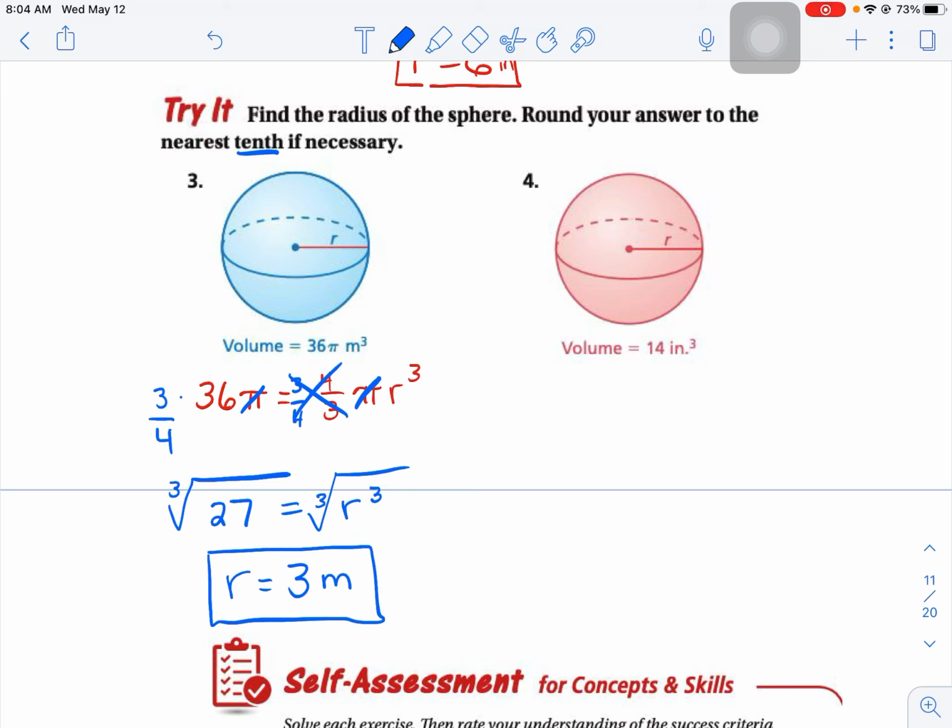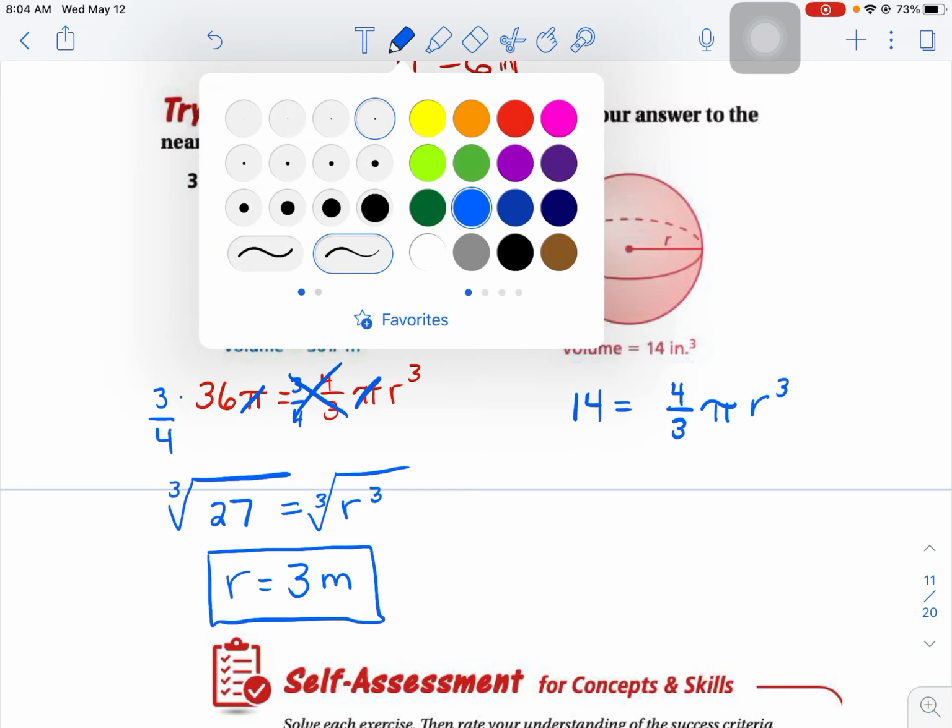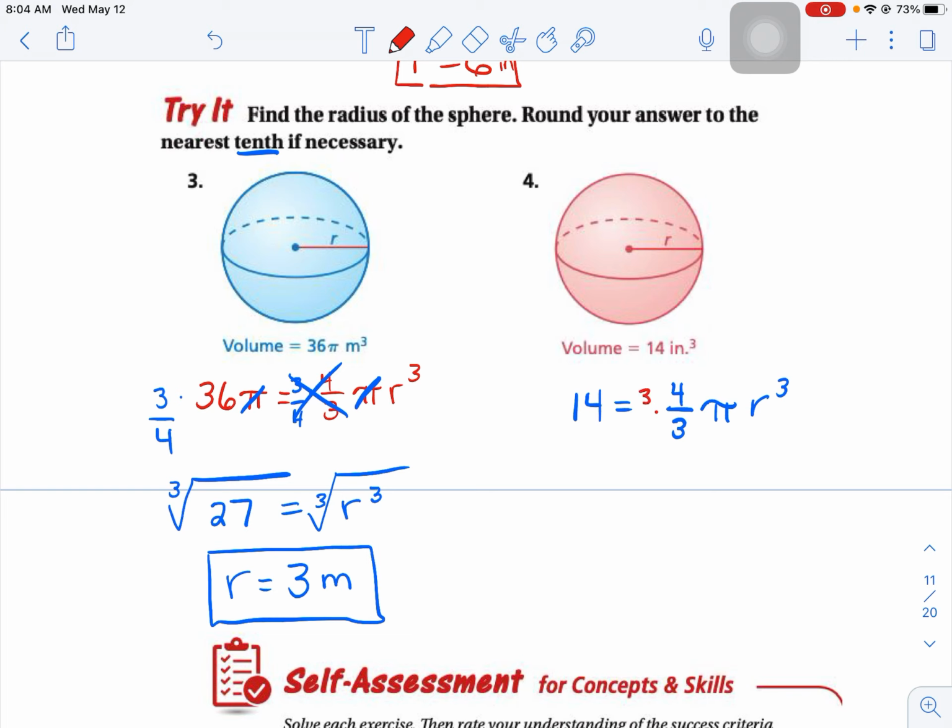All right, same idea for 4. Here, they didn't give us the pi, though, so we're going to have to solve that. So I get 14 equals 4/3 pi r cubed. So I'm going to start by multiplying by my 3/4.